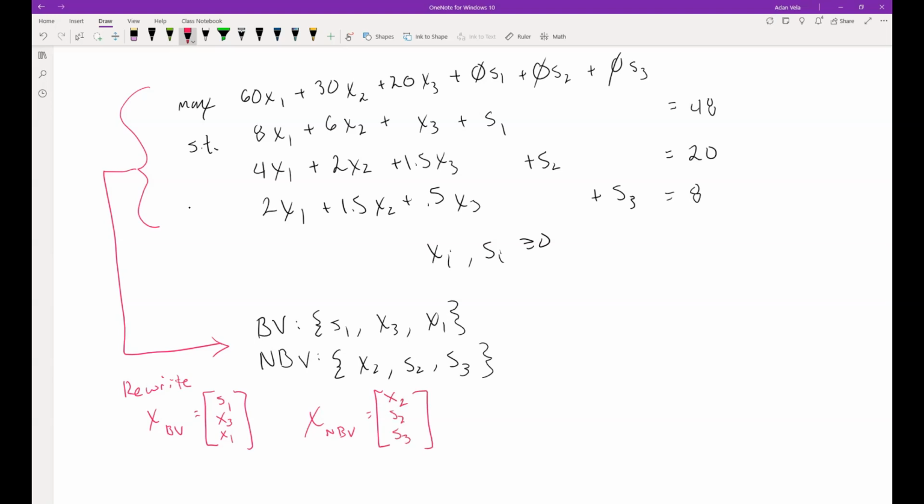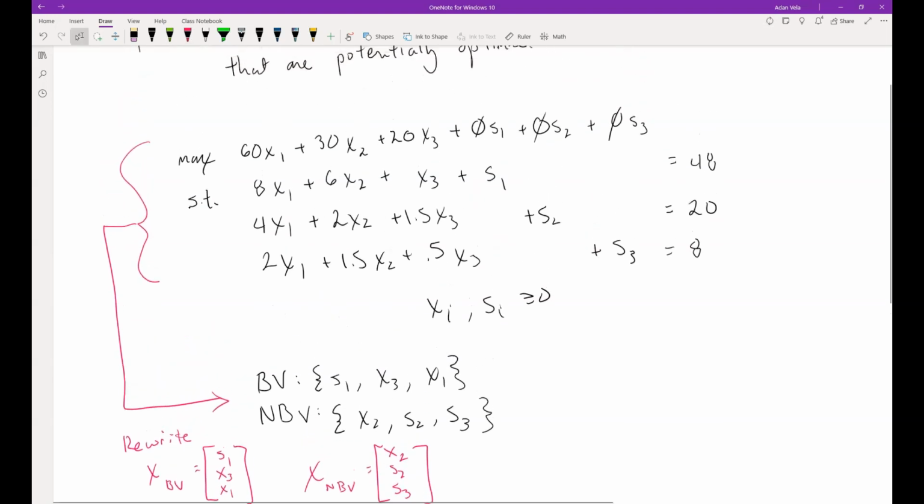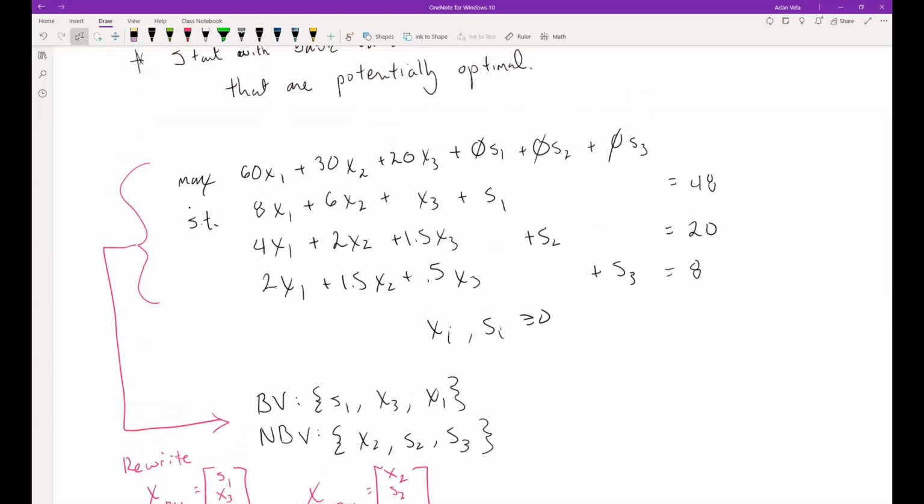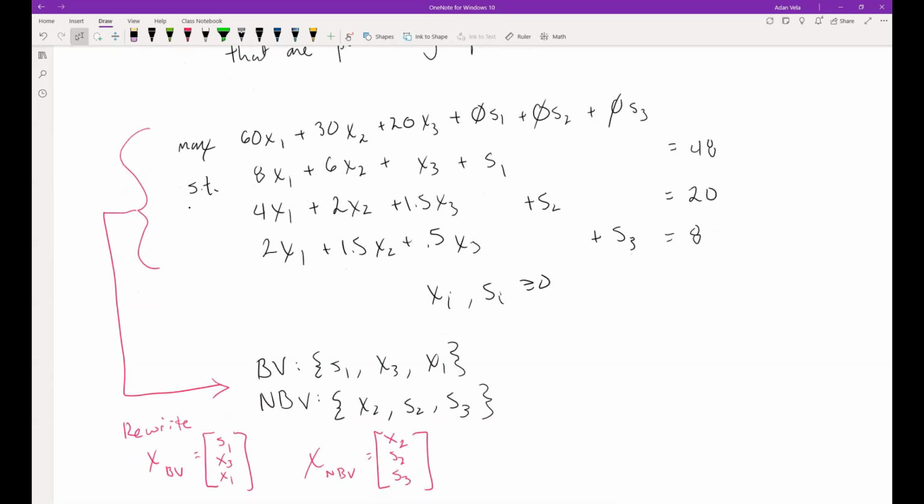Okay. All right. So with that in mind, the cost function is pretty easy. Our basic variables are S1, X3, and X1.